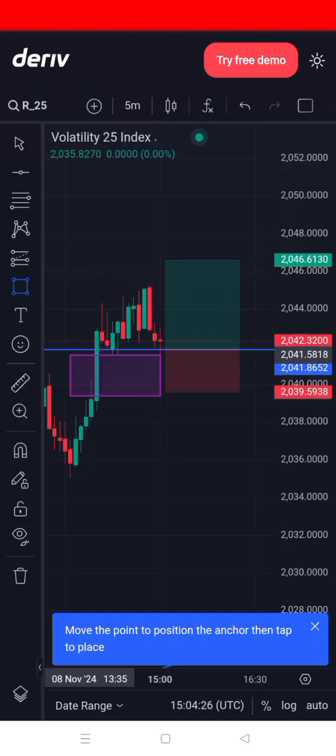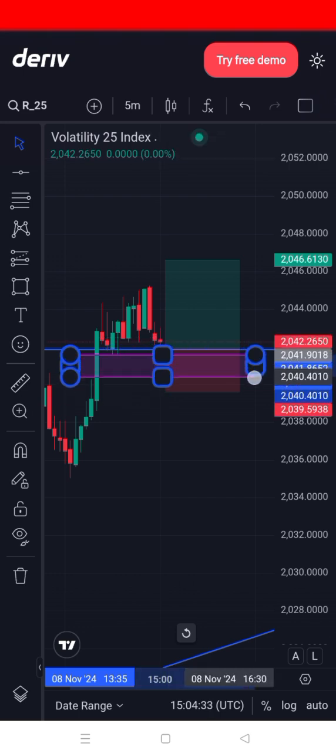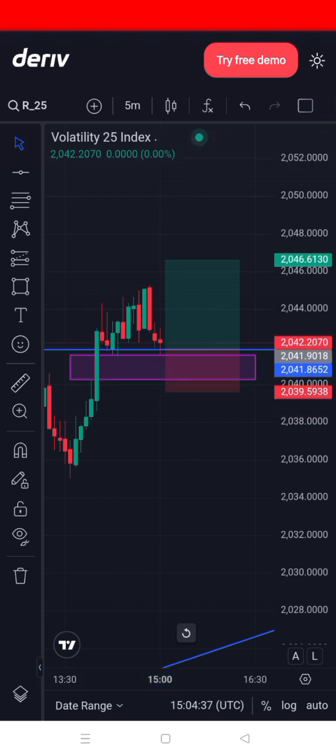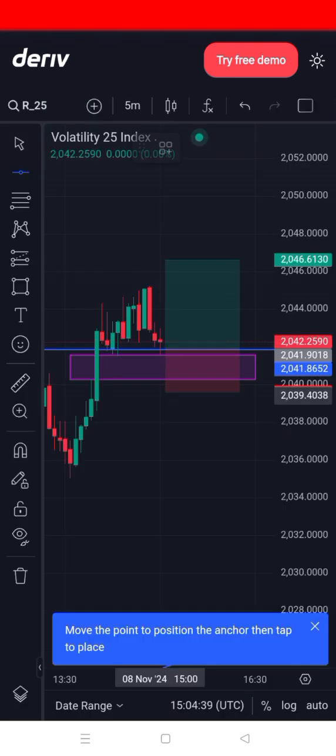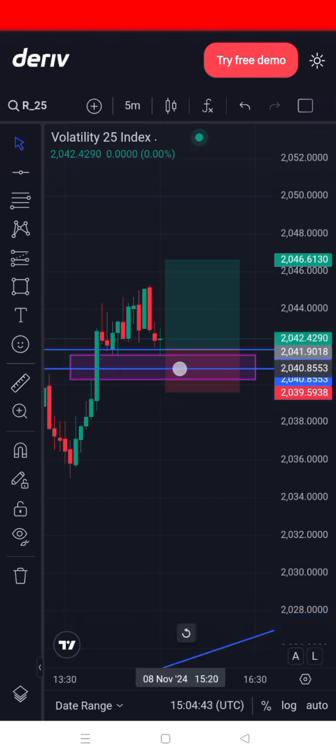So you will just look at the previous highest point. That's where the market might change its direction. You can see there is a fair value gap here, so you must be very careful as a trader. Even if the market retraces back, it will come to sweep or fill that inefficiency, that fair value gap.